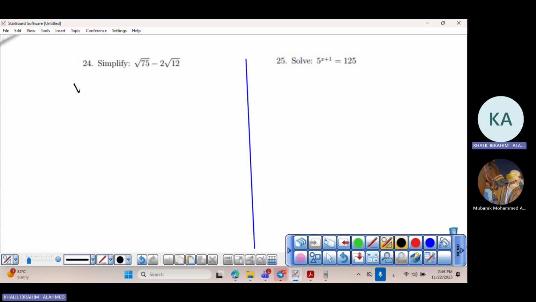Radical here, square root 75 minus 2 radical 12. It's easy to solve if the student thinks how to write 75 and how to write 12. I can write 75 as 25 times 3, and 12 as 4 times 3.